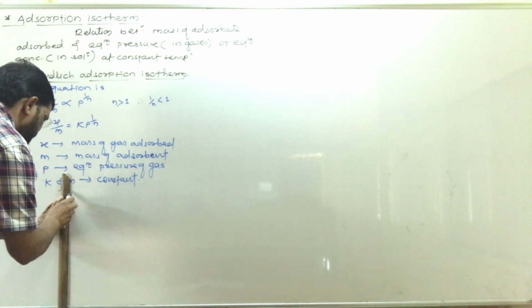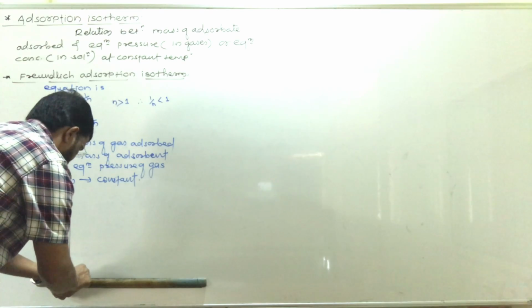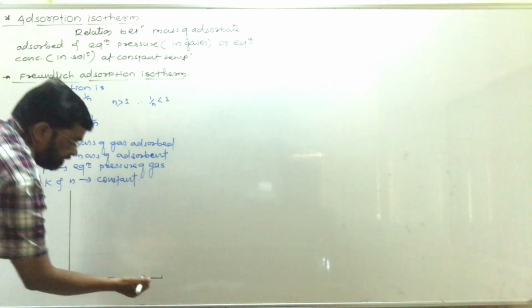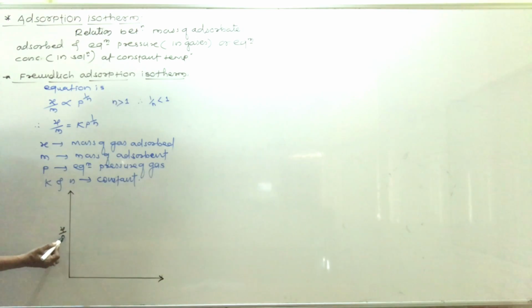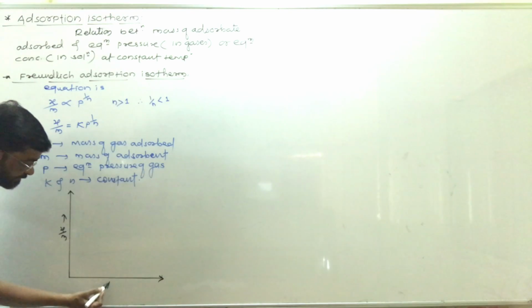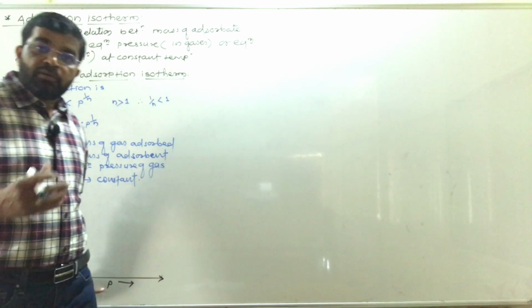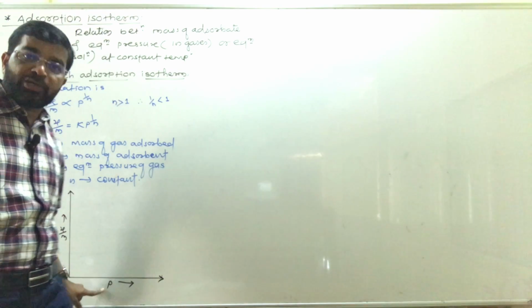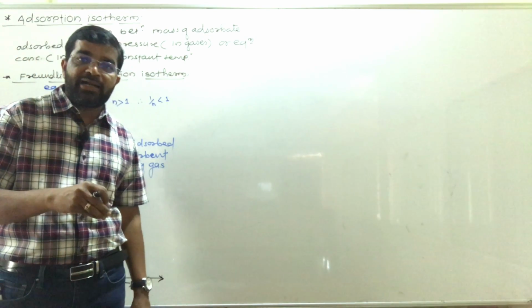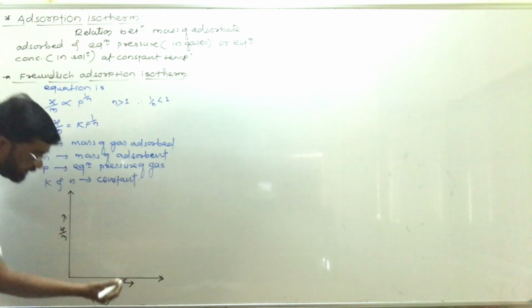When we plot the graph of x by m, that is adsorption, versus equilibrium pressure. The point to be remembered here: if the adsorbates are gases, then pressure is taken into account, and if the adsorbates are in liquid solution, concentration is taken into account.